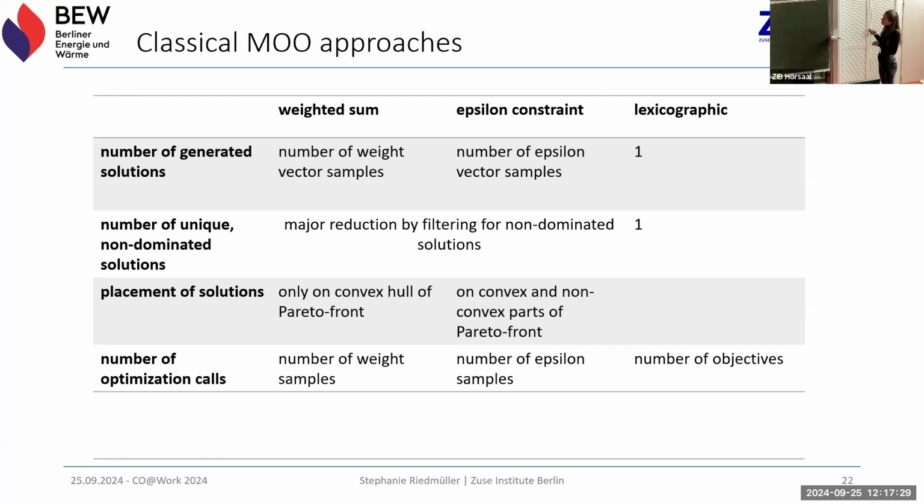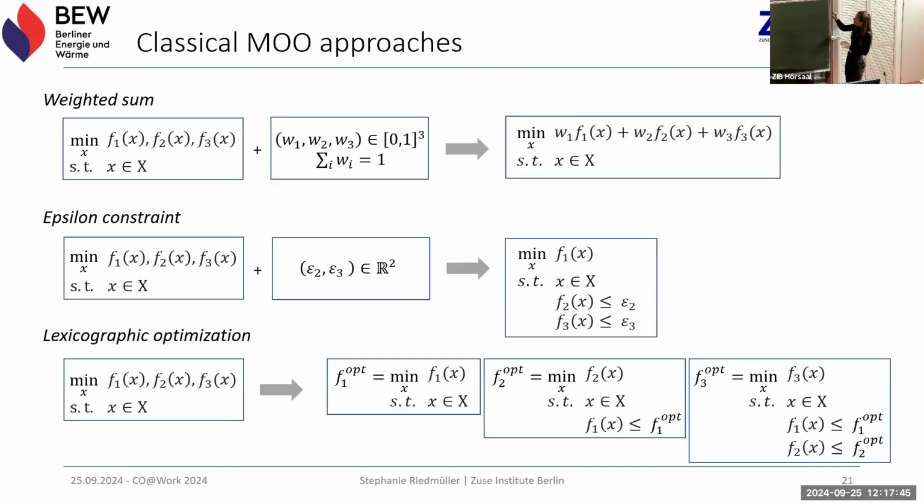And for the placement of the solutions, here's the difference between the weighted sum and the epsilon constraint. The weighted sum approach only gives you solutions on the convex hull of the Pareto front. If you again look at the definition, I even said this is a convex combination of the objectives, so you only get the solutions on the convex hull.